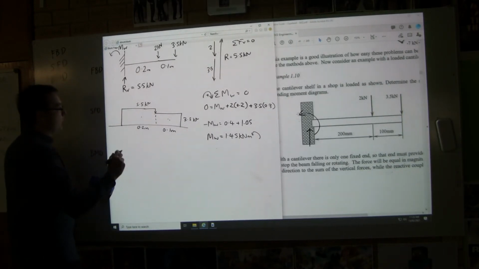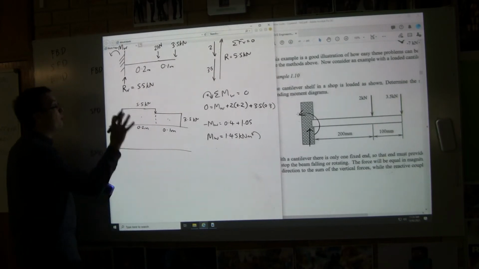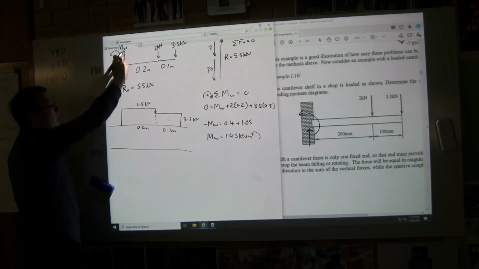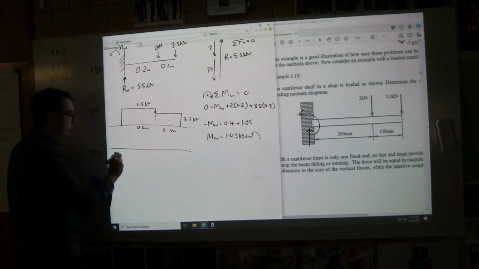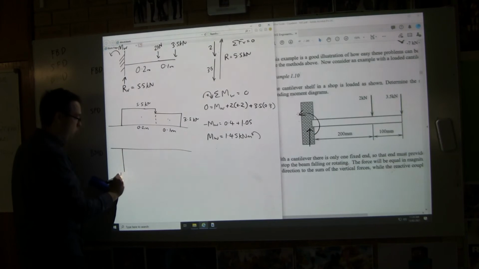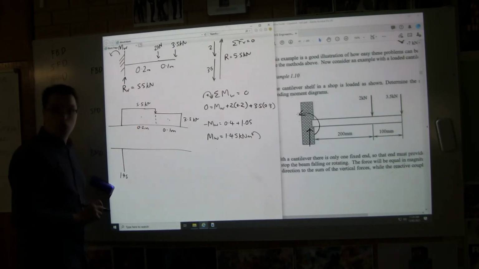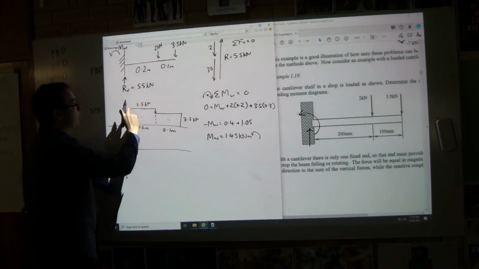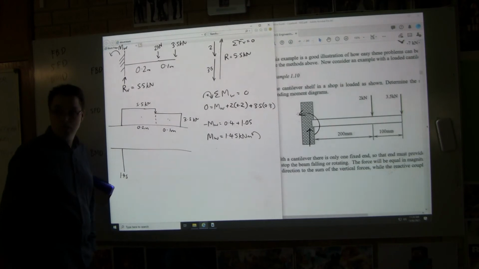So let's start off by drawing our bending moment diagram like this. Before we get to area 1 and area 2, first we have to apply that negative moment. So our negative moment is minus 1.45. And then we look at what is in block 1. What's that area? 5.5 times 0.2 is 1.1.